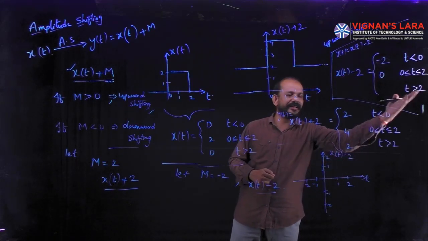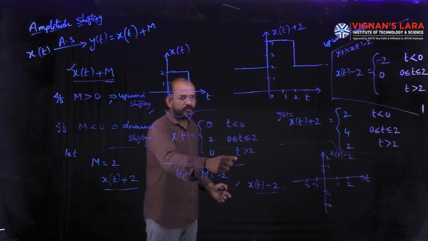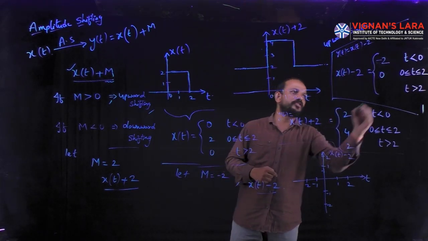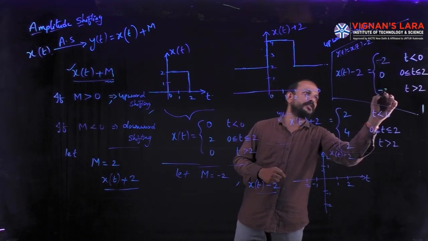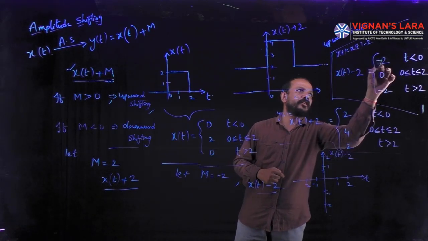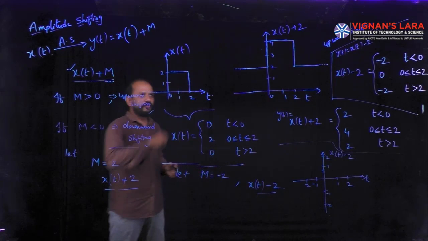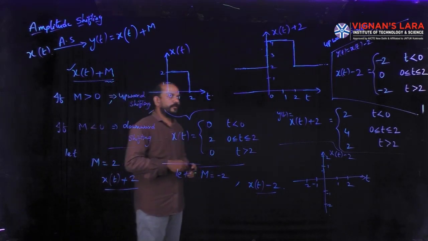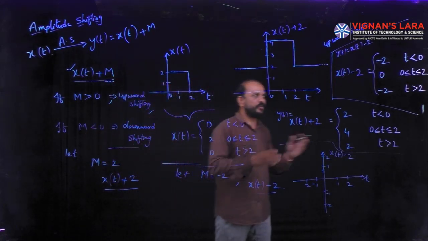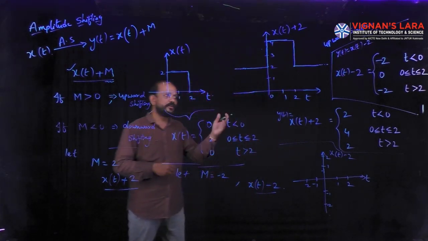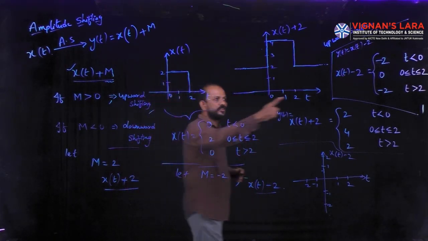For t greater than 2, x of t is 0, so 0 minus 2 is minus 2. So the values are like this. For t less than 0, the value of x of t minus 2 is minus 2. If t is between 0 and 2, the value is 0. If t is greater than 2, the value is minus 2.